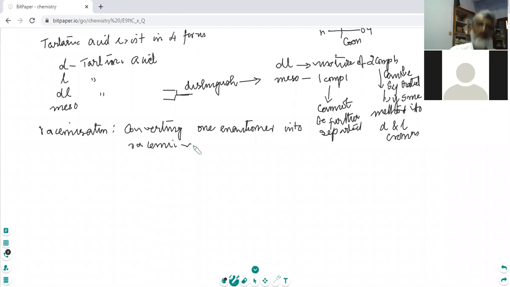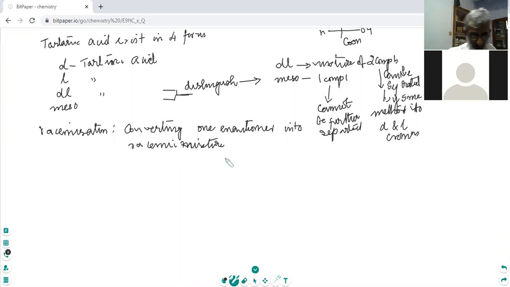Remember, it is not a method of making racemic mixture. It is a method of converting either one enantiomer, either D or L, into a racemic mixture. There is a lot of application for this.